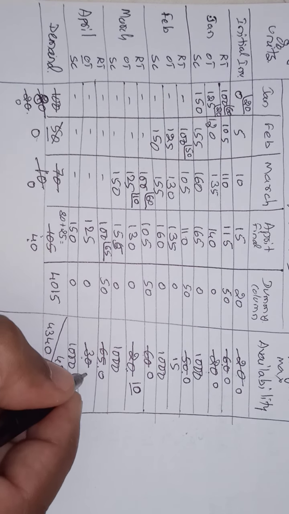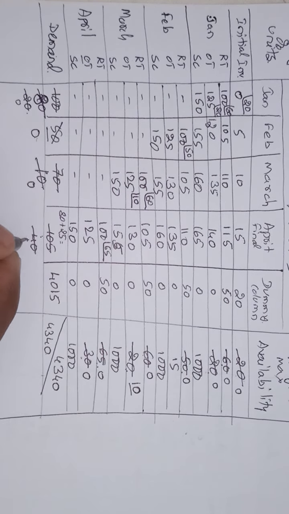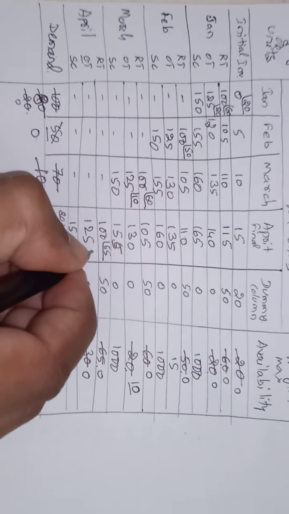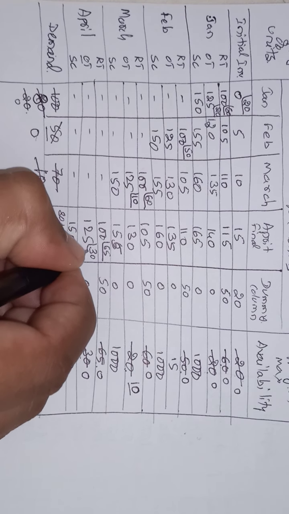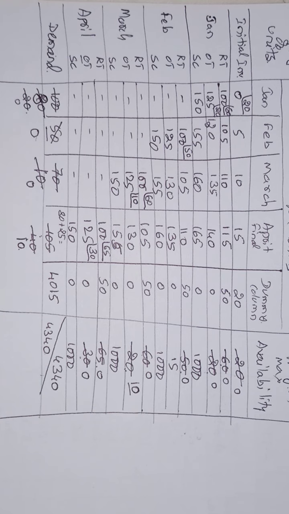So here utilize those 30, minus 10. Here you allocate that 30 quantity, okay? The remaining is 10 quantity, right? So this 10 quantity we can allocate to subcontracting production also. Subcontracting means we are buying from other sources.